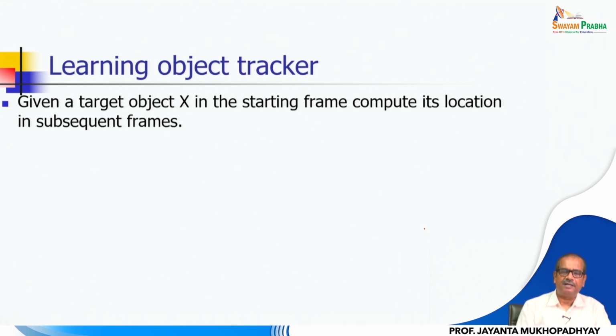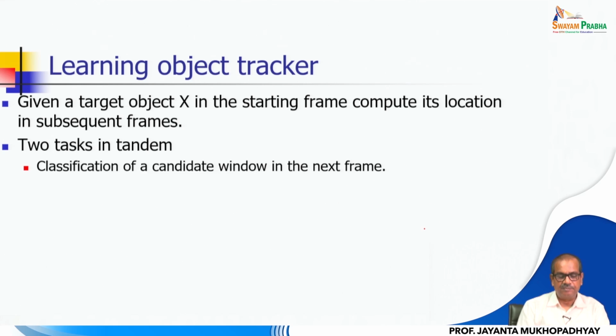The problem here is that, given a target object X in the starting frame, we need to compute its location in subsequent frames. There are two tasks required in tandem. One is the classification of a candidate window in the next frame, so it's like discriminative tracking.